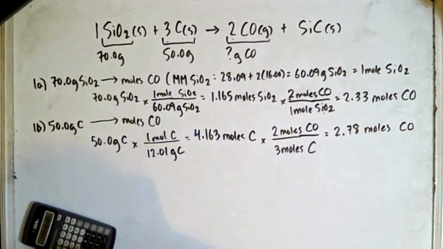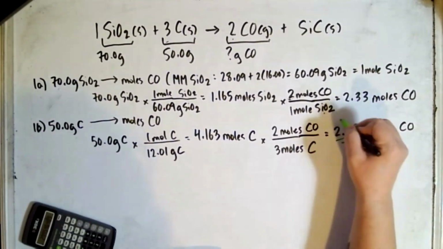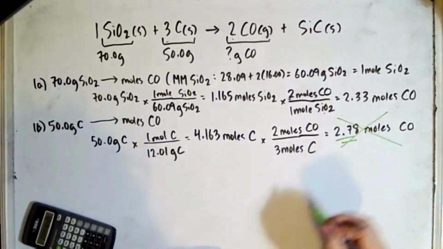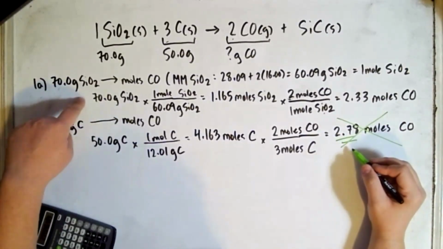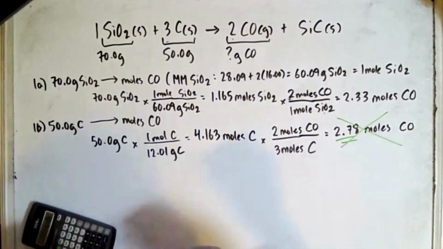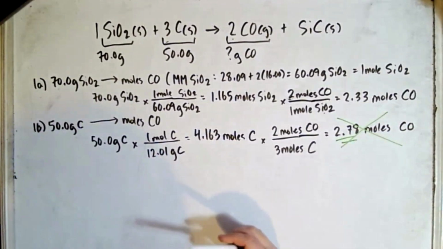Okay. Once you get to this step, now you have to start to interpret this. And remember, whatever the bigger number is, this number is no good to you. The bigger number can't happen because we're going to run out of SiO2 before we can make 2.78 moles of carbon monoxide.